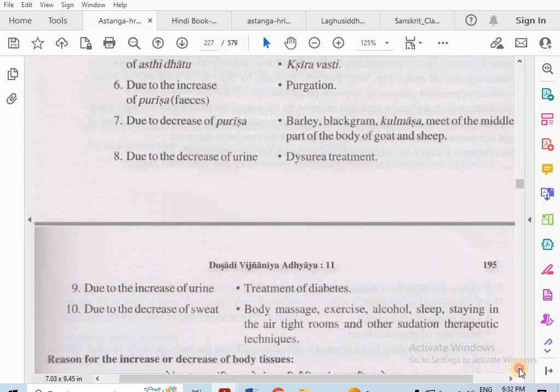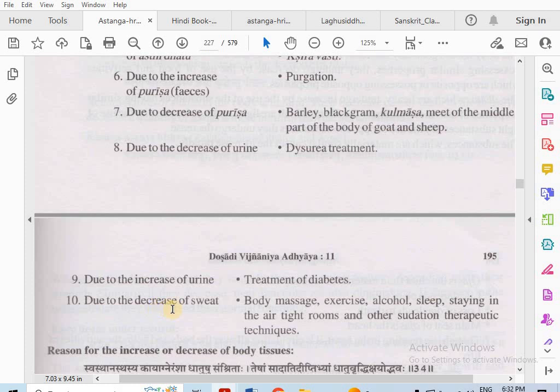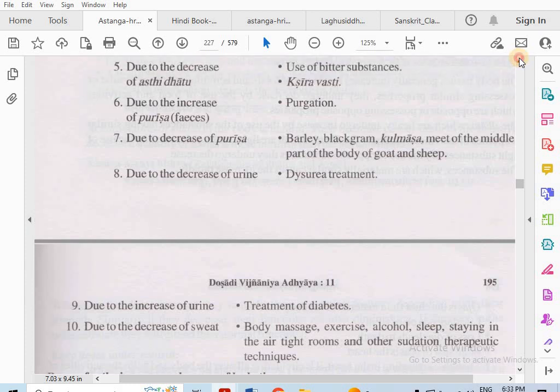You can read here: due to decrease of sweat, body massage, exercise, alcohol, sleep, staying in air tight rooms, and other sedation therapeutic techniques are also to be taken. So these are the treatments given for decrease of sweat.